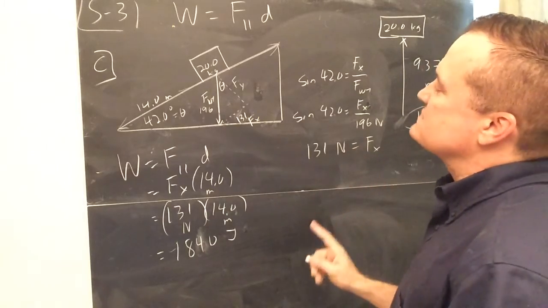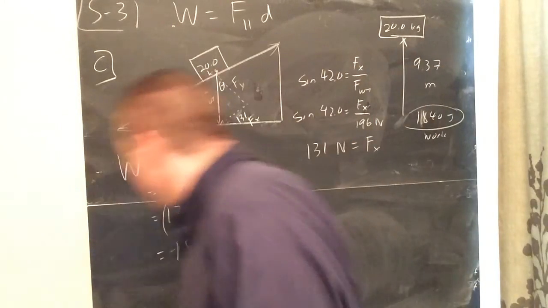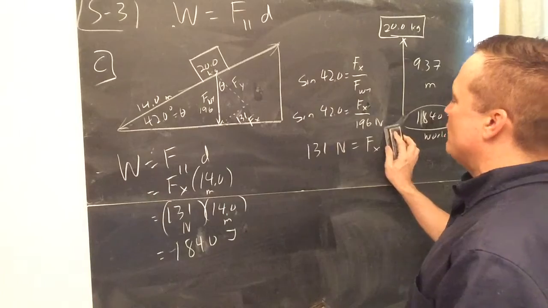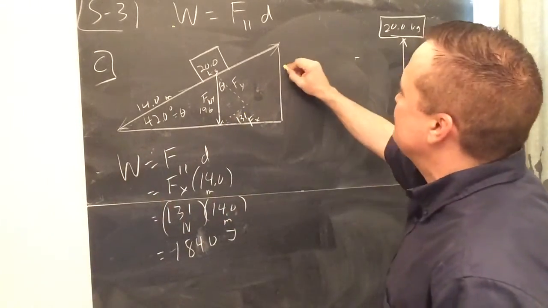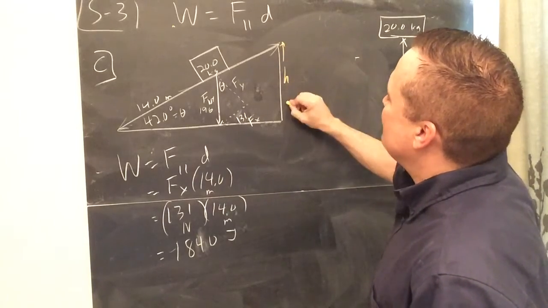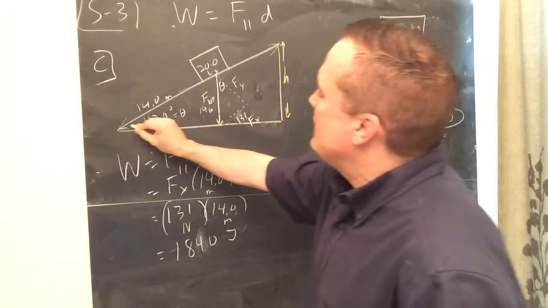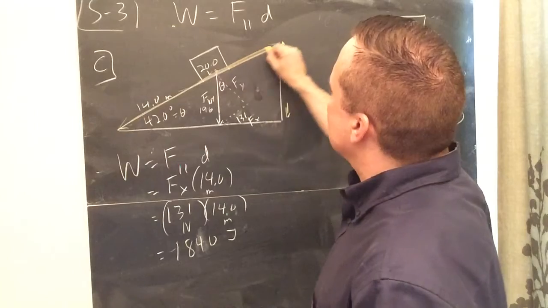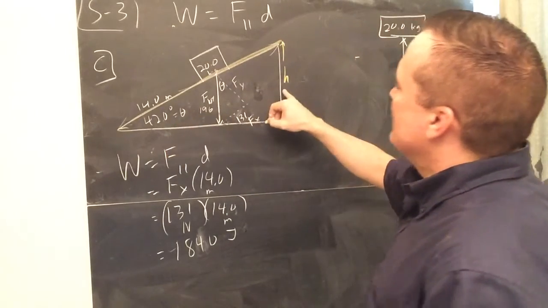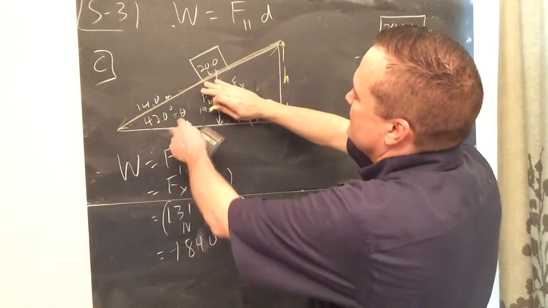Well, the reason this is significant is, look at what you can also do. If I wanted to find the height of this thing, I can find it by knowing this side of the triangle is 14 and it's 42 degrees. Forget the middle part.